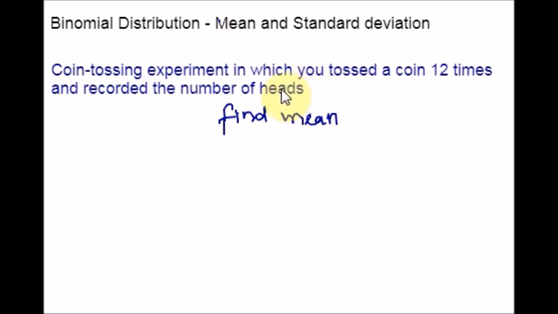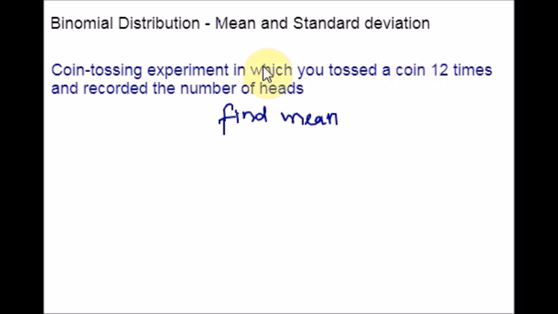On average, you would expect half the coin tosses to come up heads. Am I right? Because if you toss a coin, the chance of getting a head is 50% and getting a tail is 50%. So the mean number of heads would be 6, because if you are tossing it 12 times, getting a head on average is 6.